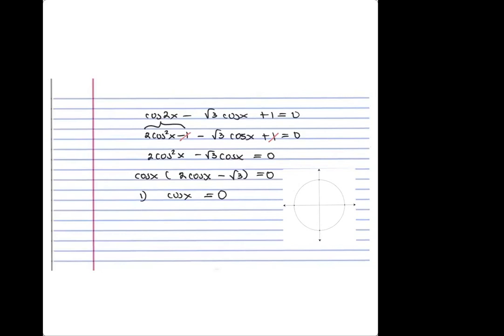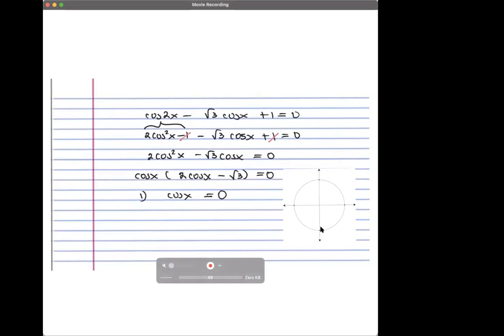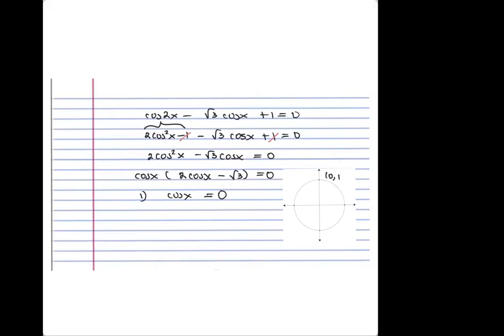Okay. So I'm basically asking myself, where on this unit circle is the x value 0? So the x value is 0 at this ordered pair, 0, 1. And this ordered pair, 0, -1. So that's going to give me the angle.